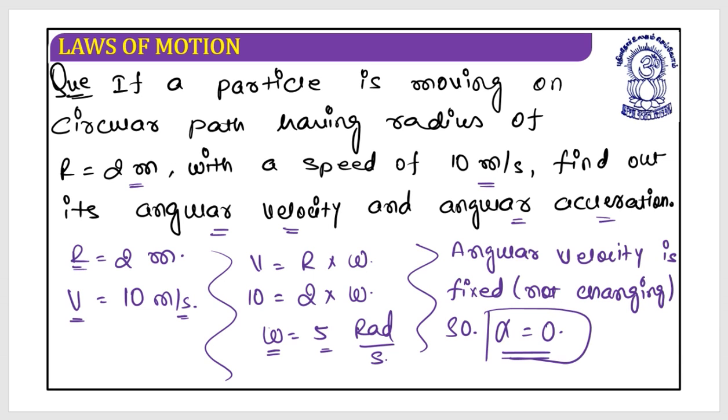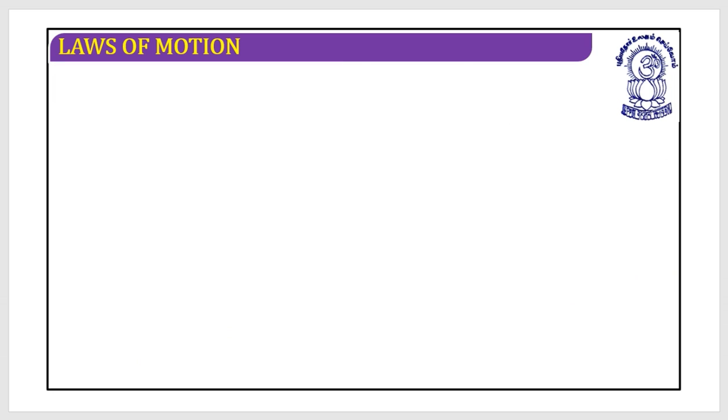If someone asks me what would be the acceleration of this system, then I will definitely look for the velocity. It is basically a change in velocity with respect to time, and as velocity is fixed, it is not changing. Acceleration is 0. In the same way, my angular velocity is not going to change. It is fixed, and when it is fixed, my alpha must be 0. I hope this is clear. Is it clear? Great. Now let's work on the next question.